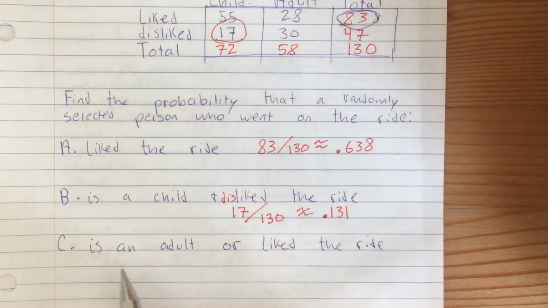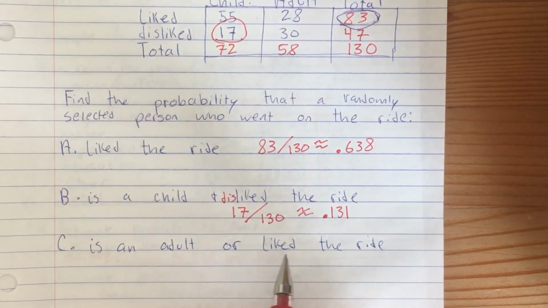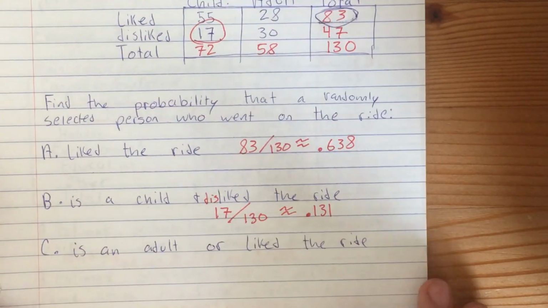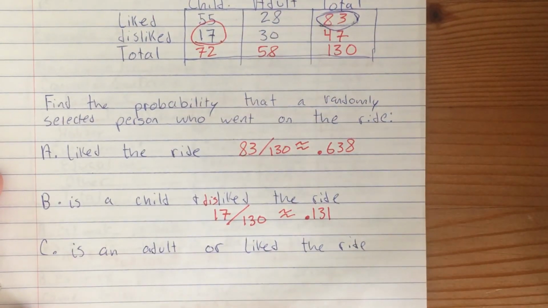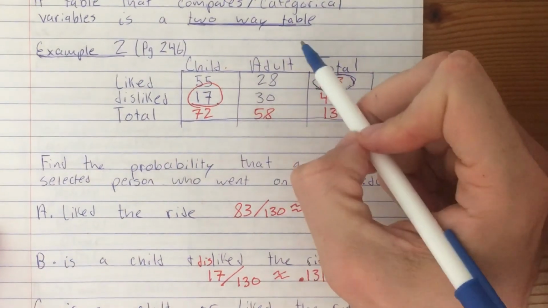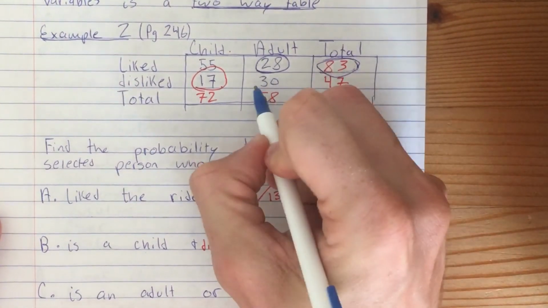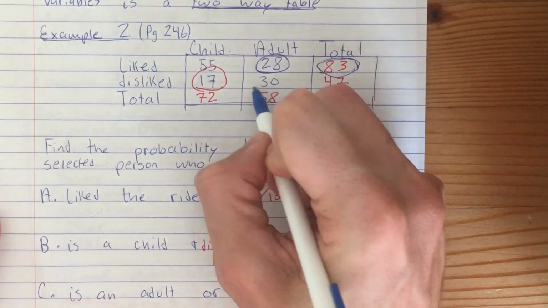And for the last one, we want to find the probability that a randomly selected person who went on the ride is an adult or liked the ride. So we have to account for both of those groups. The amount of adults here, we've got 28 and we've got 30.